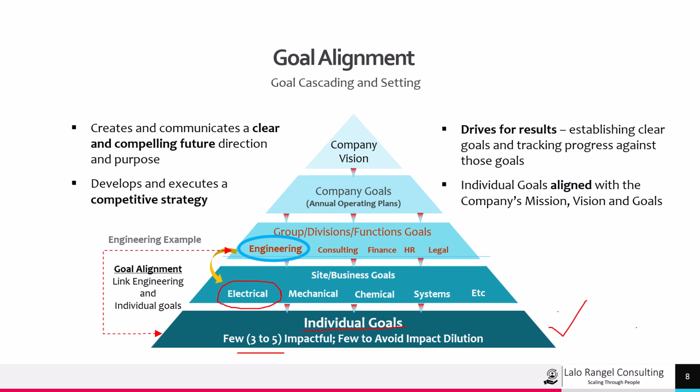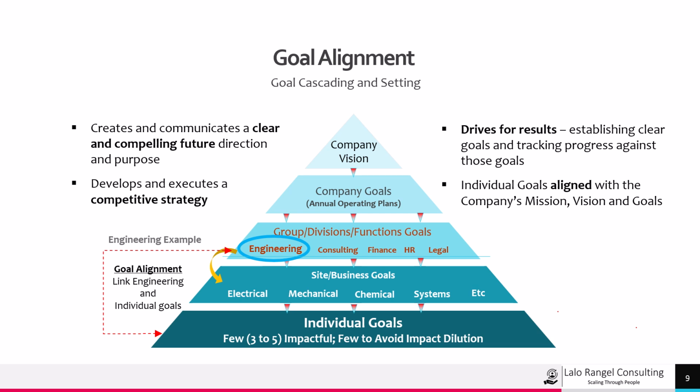It could be a few goals, between 3 to 5. Some companies prefer to have 10 goals. What is more important is that these individual goals must be aligned with the leader's individual goals. I prefer between 3 to 5 goals just to avoid the impact dilution of having many goals.